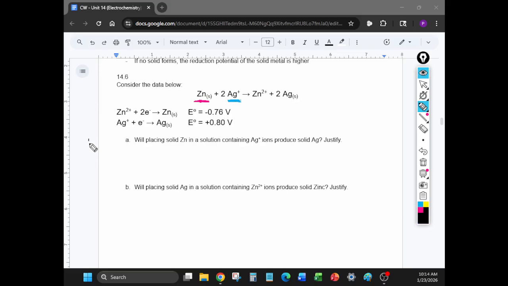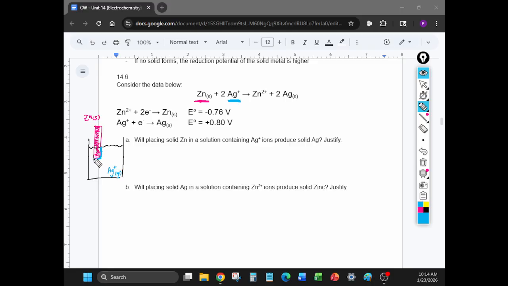So what the question is asking us is, if I have a solution and I have Ag plus ions in there. So I got Ag plus, and it's an ion, so it's aqueous. If you got Ag plus ions floating in there, and you put a piece of solid zinc inside of this solution, is Ag going to start forming on the surface of the zinc?